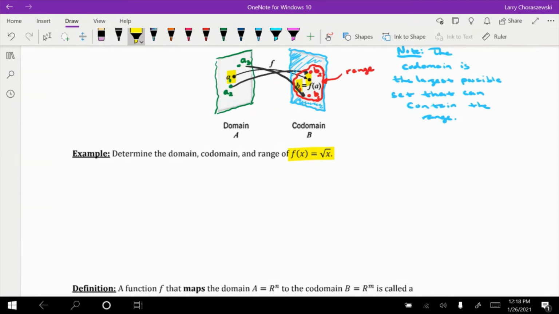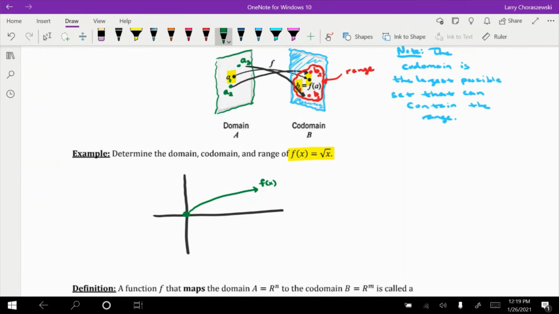One thing that'll help us do that is looking at the graph of this square root function. Let me draw a coordinate plane here. You may recall that the square root function starts at the origin and then hooks off slightly to the right while increasing up to positive infinity. So this is the function f of x.